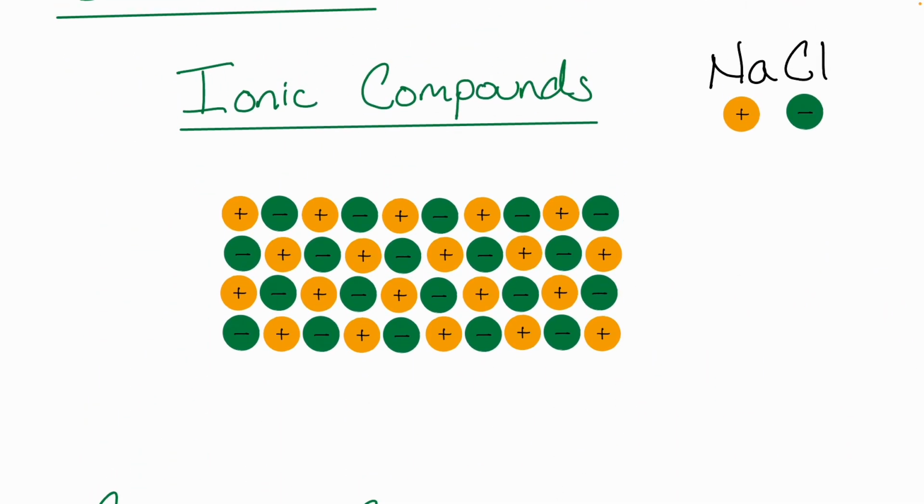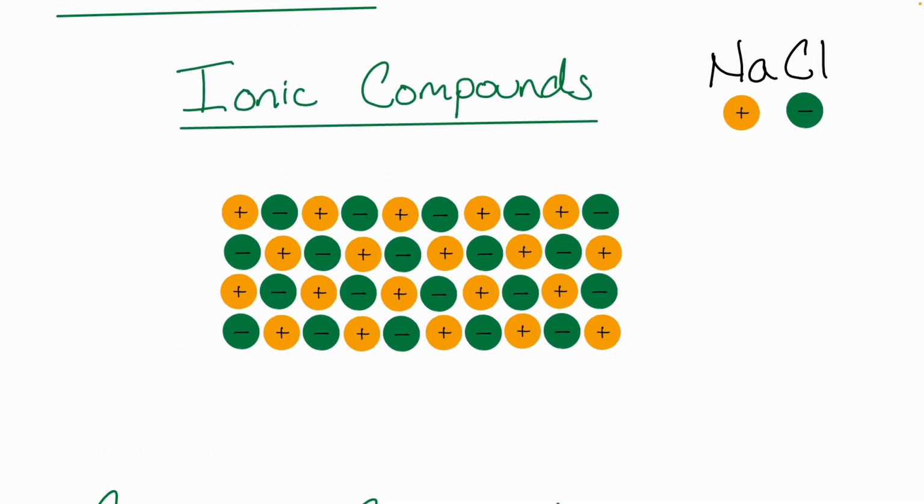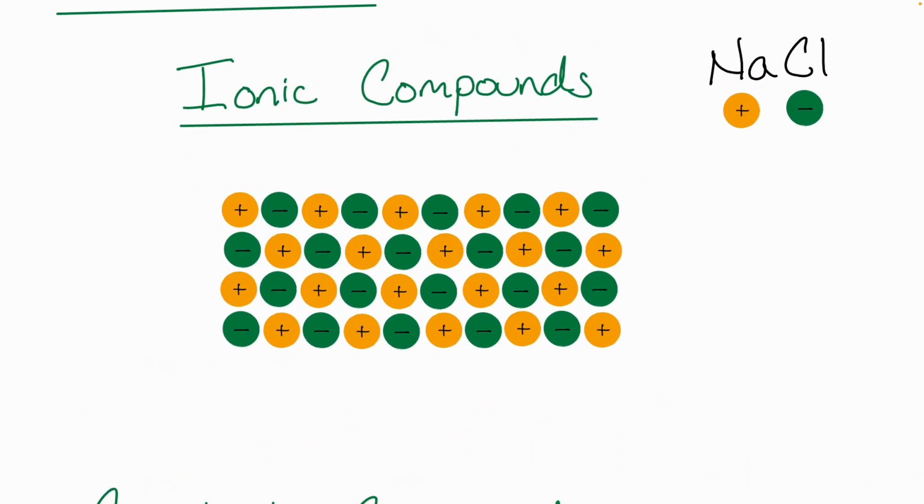The analogous term for ionic compounds, they don't call them molecules, although you will hear this misnomer quite a bit. This little individual repeating unit is what's called a formula unit.